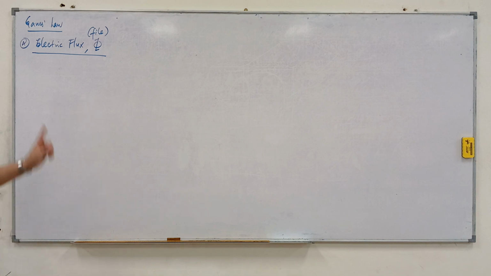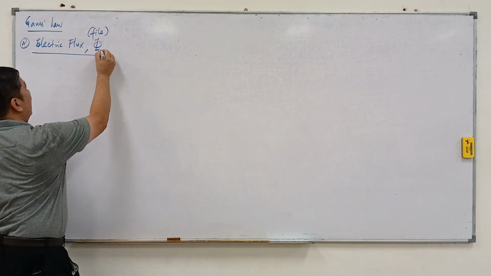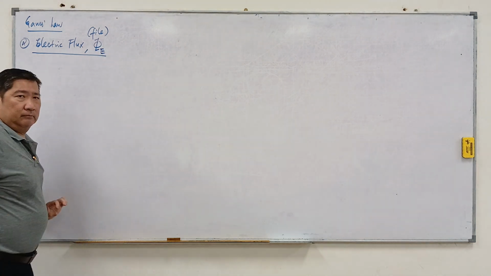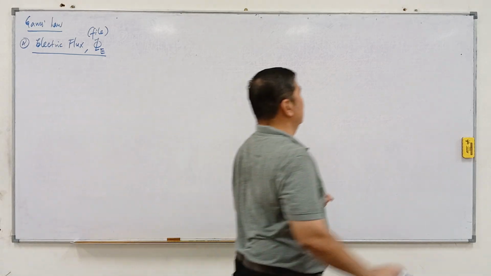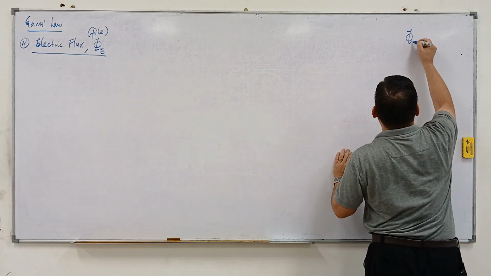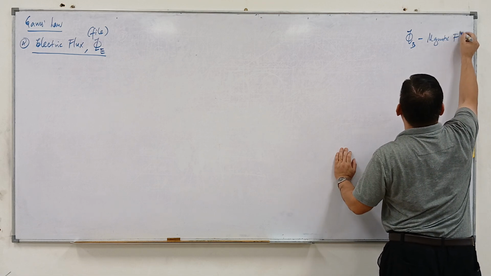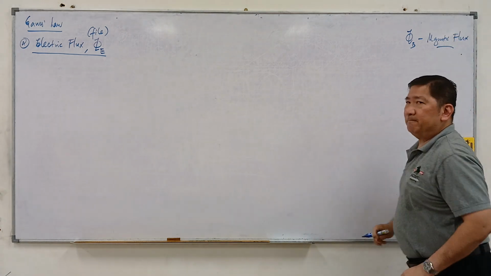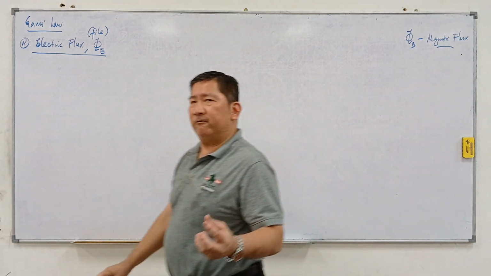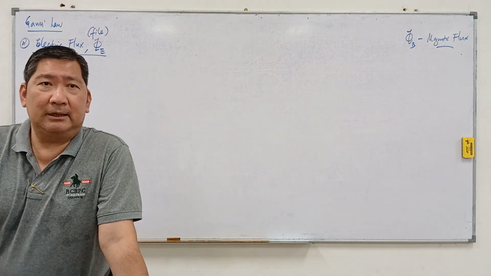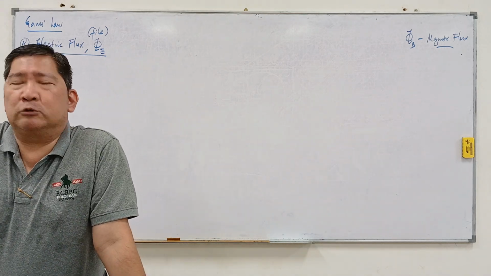There are two phi that we have. For the electric field we have phi E, and for the magnetic field we have phi B. This one is called magnetic flux. If you simply give them the same symbol phi, students get confused, so we have to give them two different symbols.